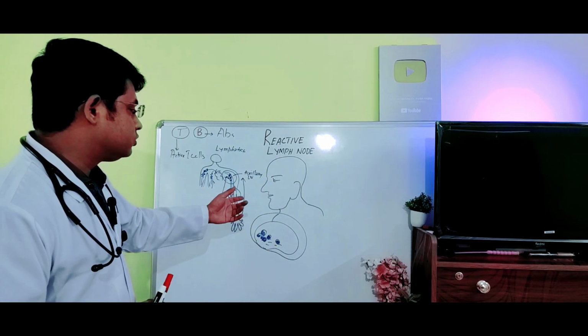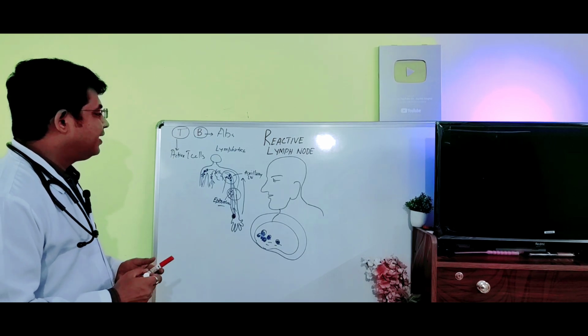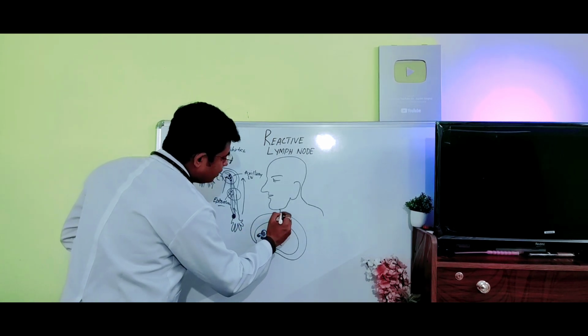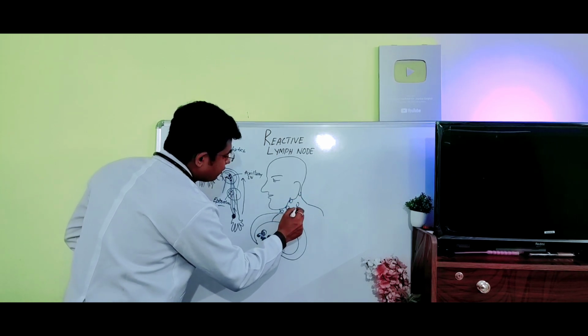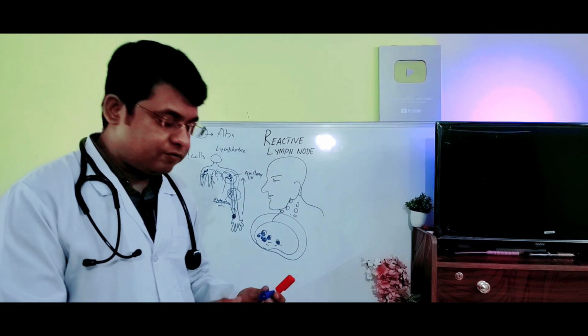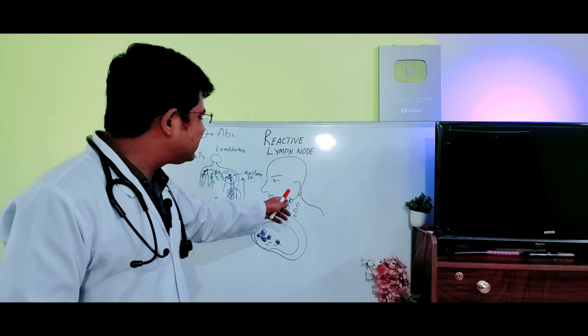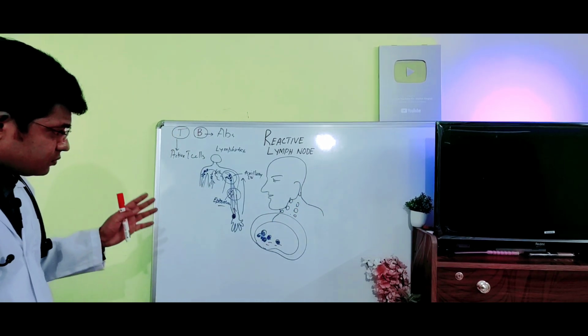from our lymph nodes. Now the commonly enlarged lymph node that we get is in the cervical region, in the neck region. In various groups we find this type of reactive lymph nodes in the cervical region. So why is there enlargement of the lymph nodes in the cervical region?